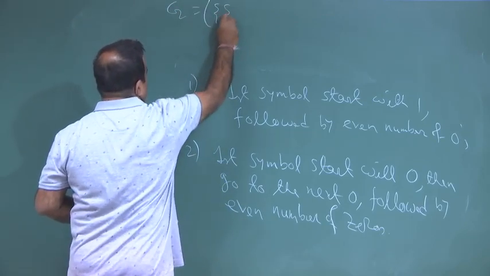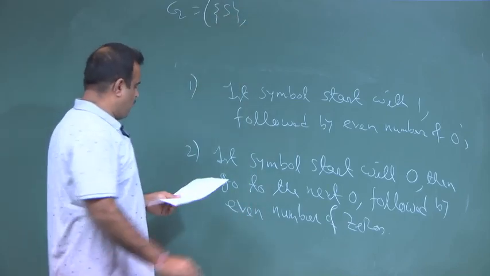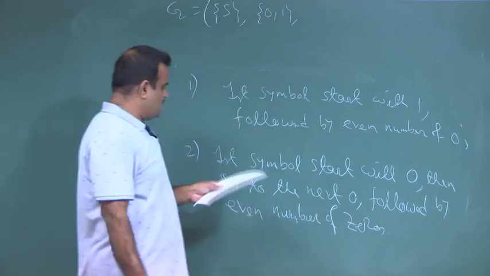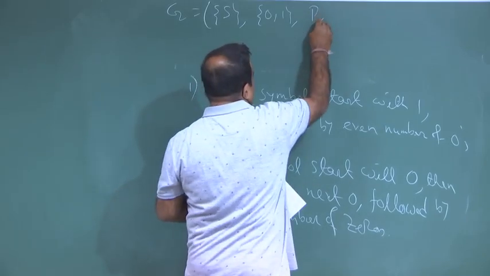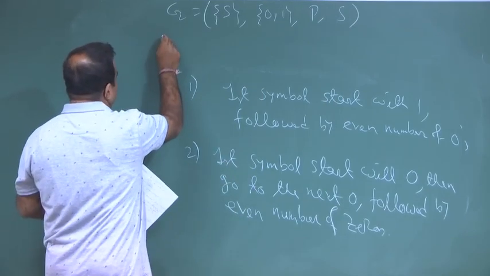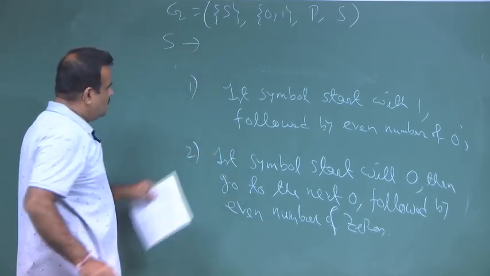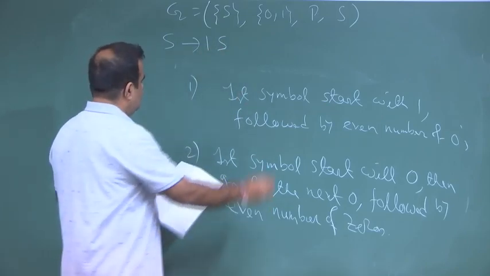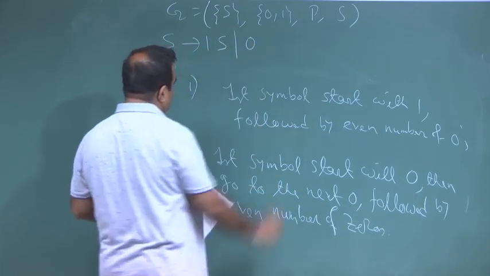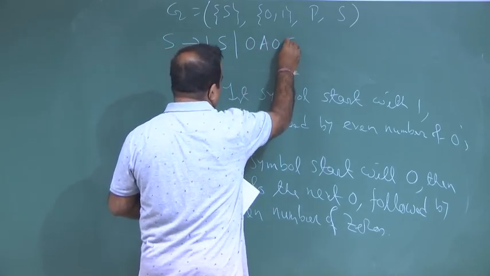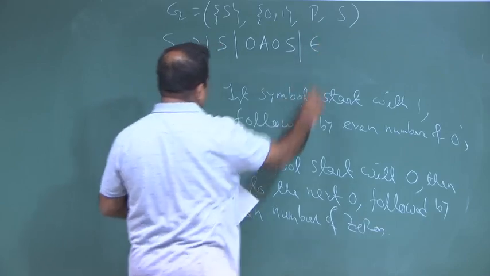Let us have only one variable S, and 0 1 as the terminals or alphabet, and the production rules. The production rule is like this: S goes to 1 S, or 0 A 0 S, or epsilon.